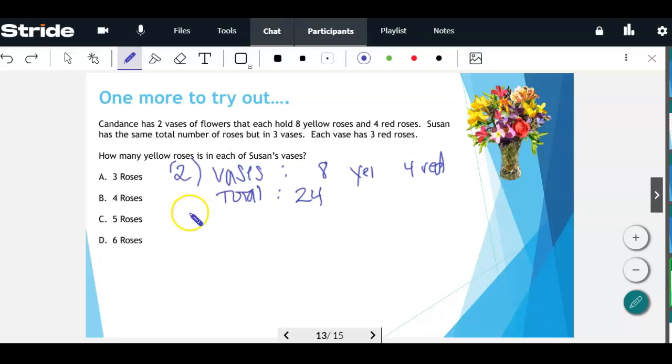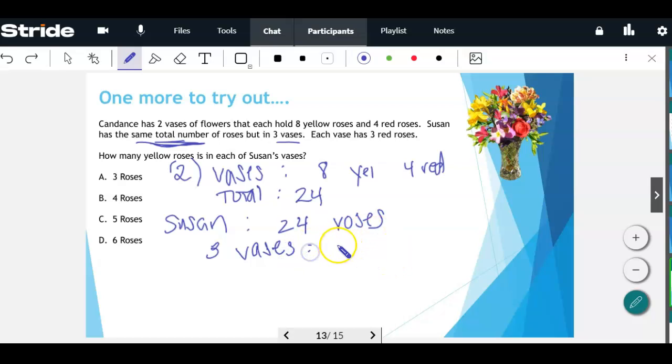Now for Susan, she has 3 vases. Each vase has 3 red roses. How many yellow roses does she have? So Susan, we know, has the same total number. So Susan has a total of 24 roses. Oh, and we know that she has 3 vases. And each vase, we know, has 3 red.